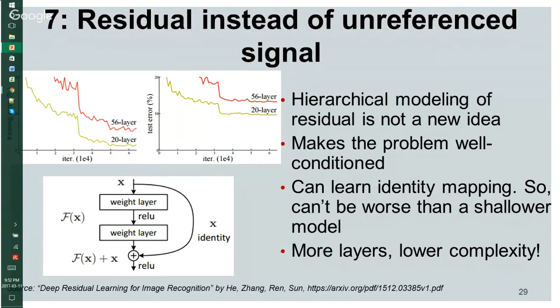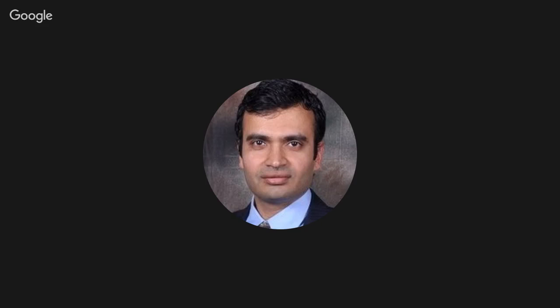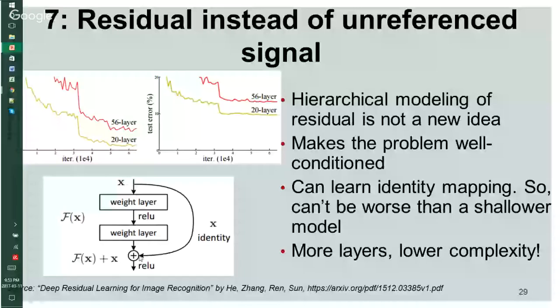They wanted to make it easy to model identity functions, such that if you add a few more layers, it should do at least as good as a shallower neural network. Then you have to add a bypass connection to the identity function, such that even if the layers in between are garbage, you will do as good as if these layers didn't exist at all.